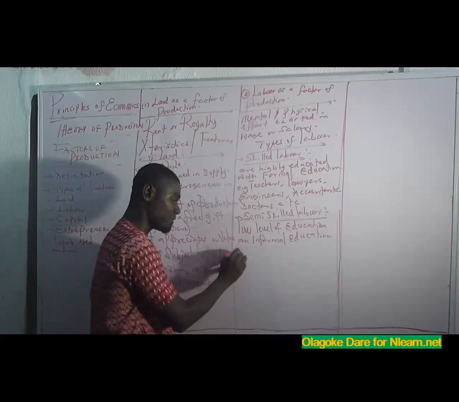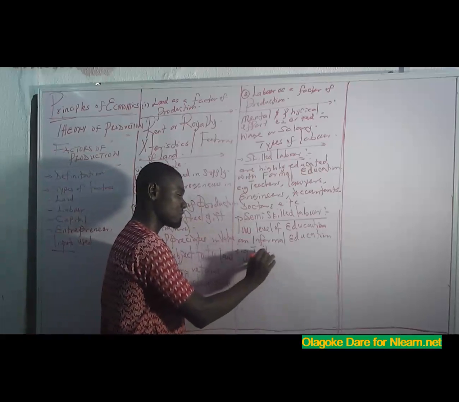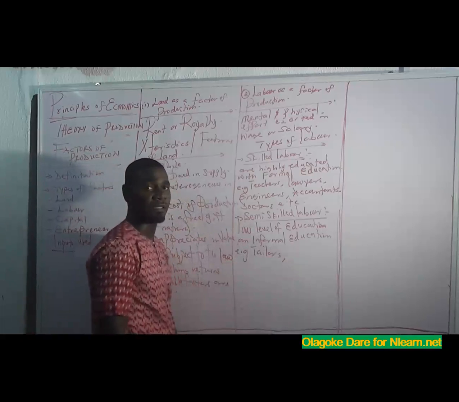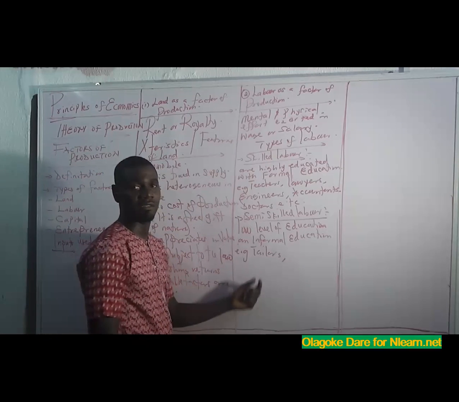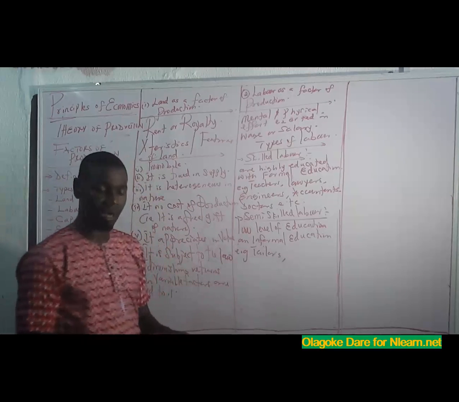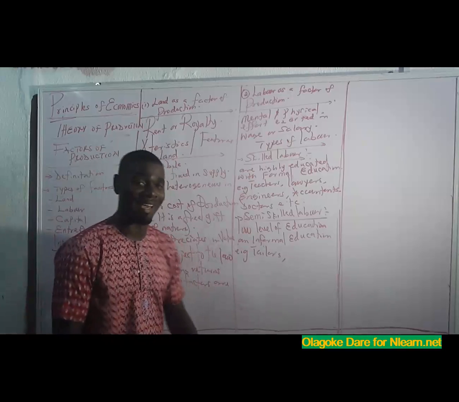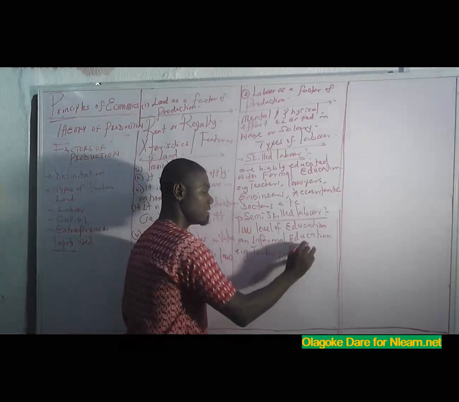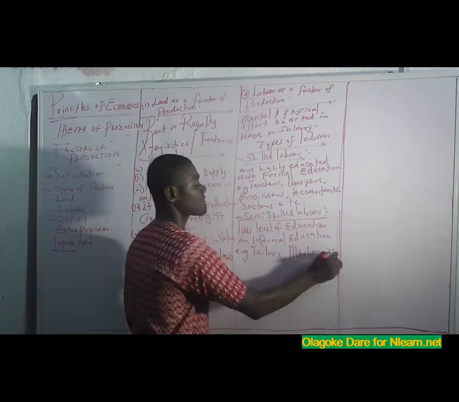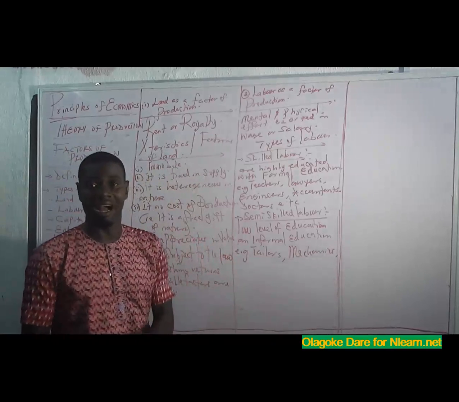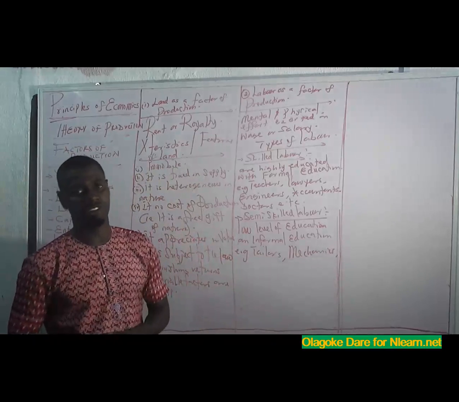Examples of these people are your tailors, your hairdressers, your mechanics. All these people have a low level of education.